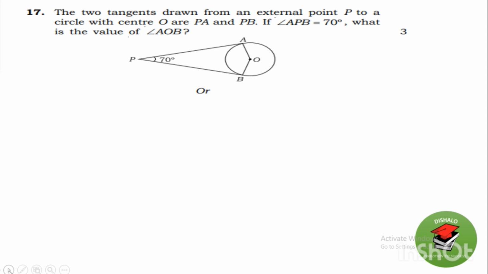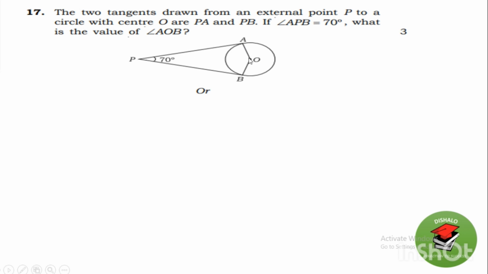Number 17. The two tangents drawn from an external point P to a circle with center O are given as PA and PB. If angle APB is 70, you have to find angle AOB. Before looking into the solution for this question, you should know that we'll apply a theorem here, that a tangent is perpendicular to the radius.